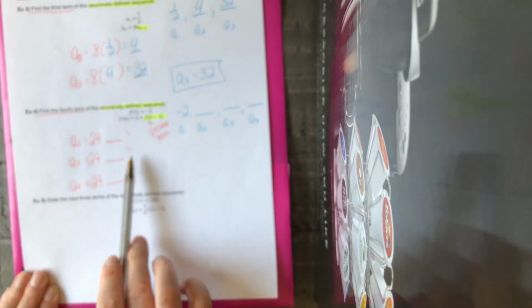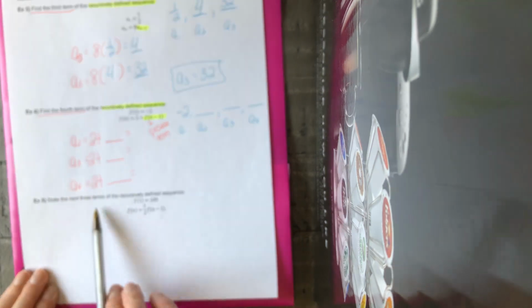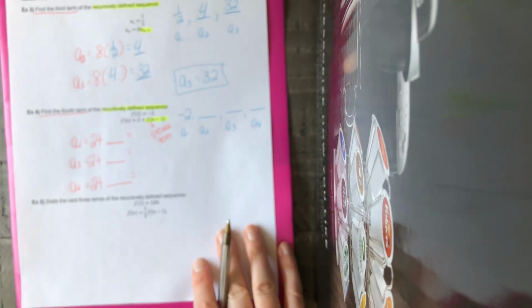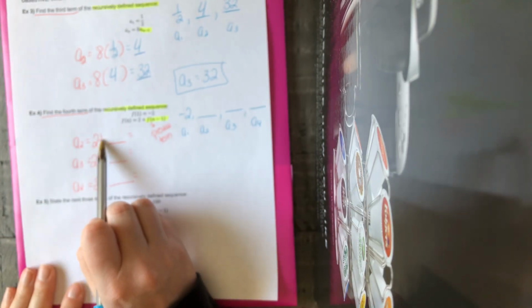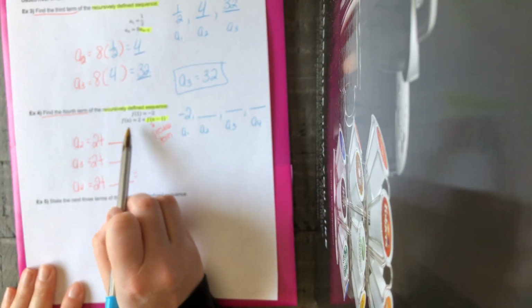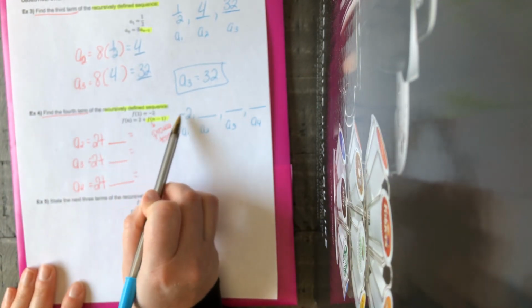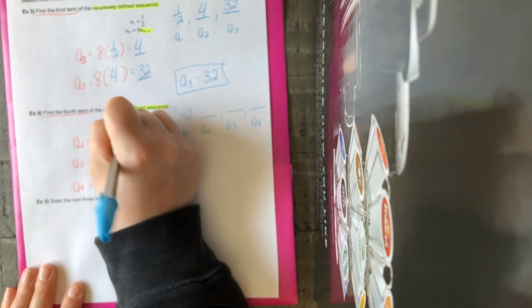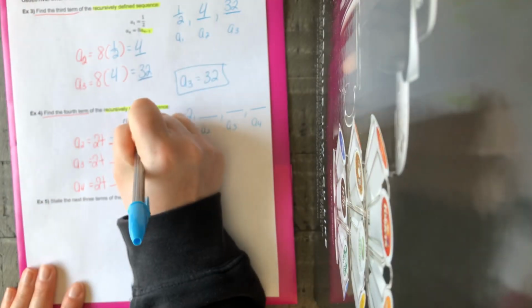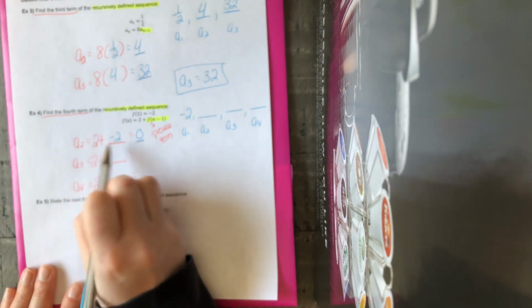I always do this just to set myself up so I don't get confused or mix anything up on accident. Okay, so it's 2 plus my last answer. Well, the last answer was -2, so I'm going to fill that in. 2 minus 2 is 0, so I know that the second term is 0.